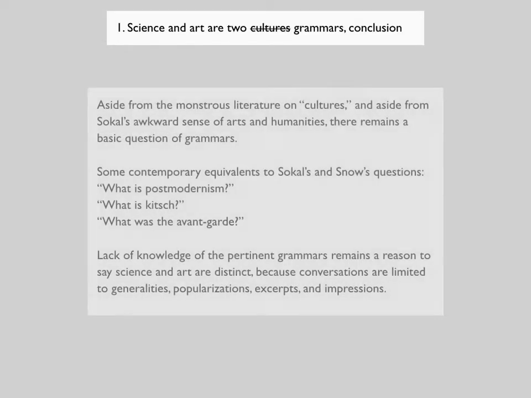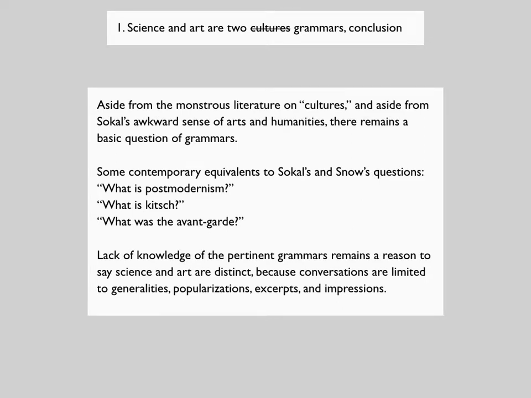Anyway, the reason why I think this is an enduring question is that there still remains this basic problem of communicating between arts and sciences if what one side thinks of as rudiments are not known by people on the other side.